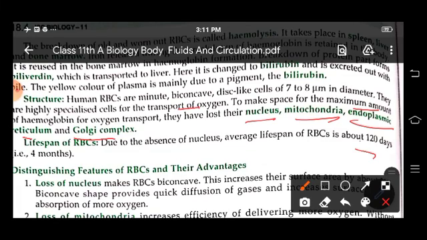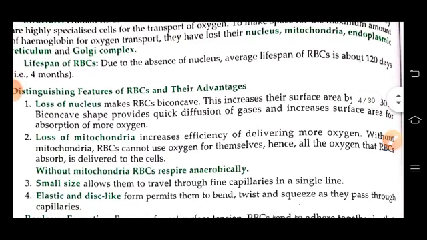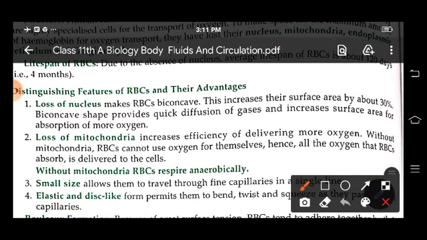Now, why do they not have a nucleus, mitochondria, endoplasmic reticulum and Golgi complex? Since the nucleus is absent in RBCs, it makes the RBCs biconcave and it also increases the surface area by about 30%, which allows quick diffusion of gases and absorption of more oxygen.